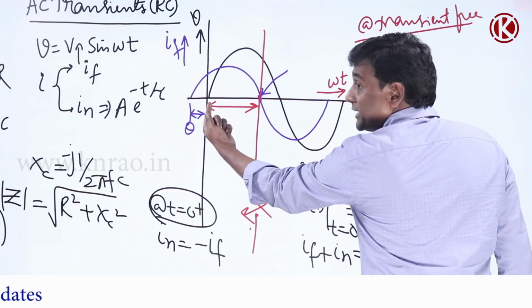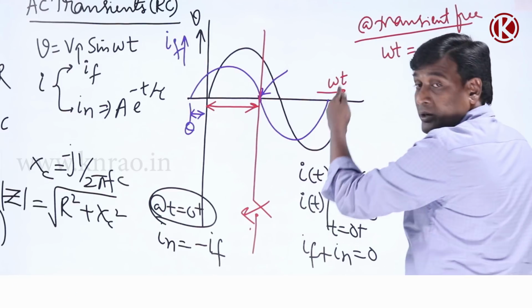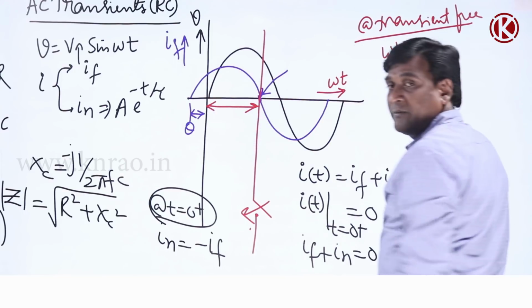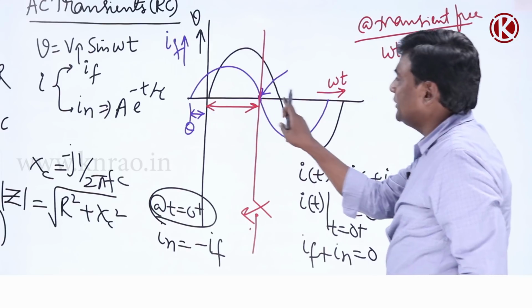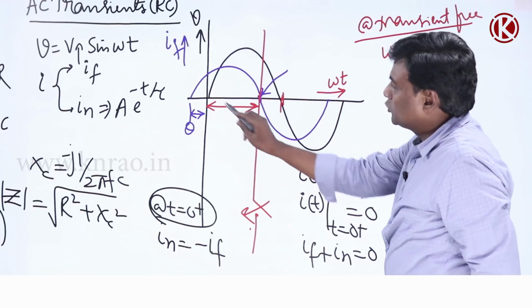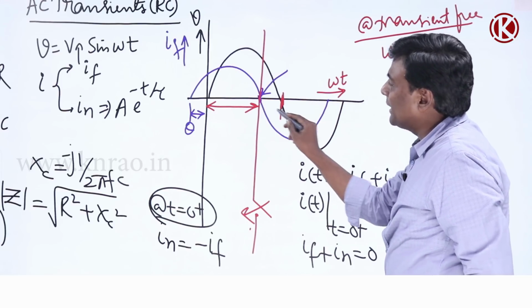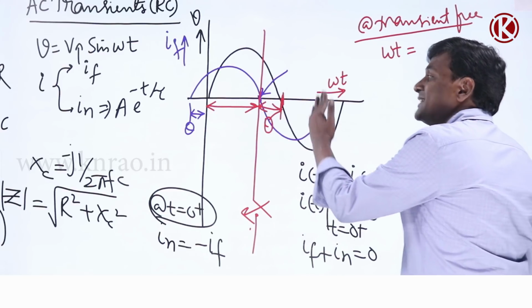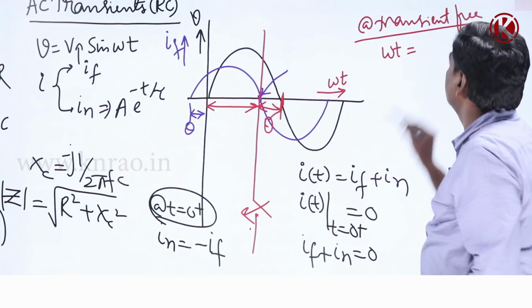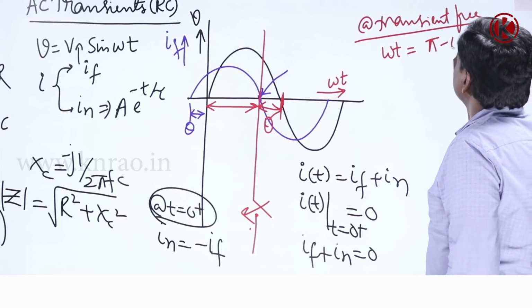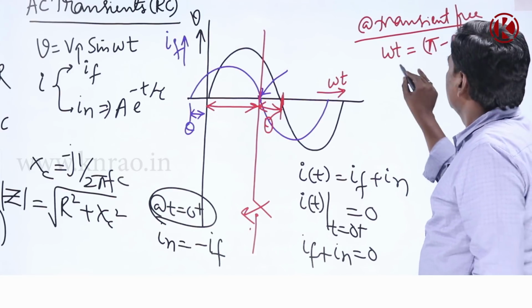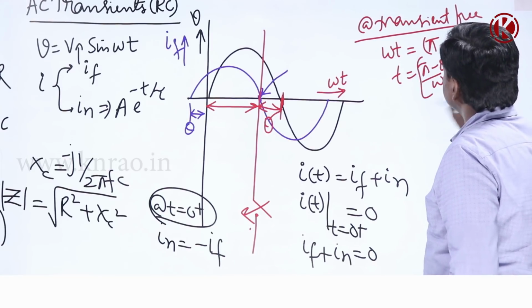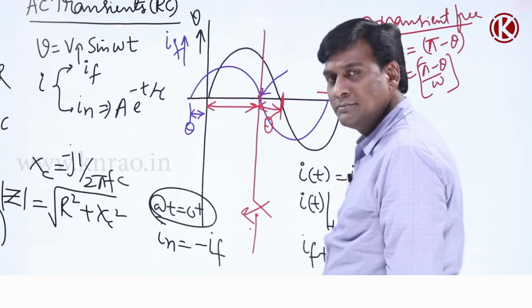At omega t equal to 0, sinusoid, V max sin omega t, that is the equation we considered. From here to here, pi. So from here to here, pi minus theta, because with respect to voltage, current is leading by theta. So omega t equals pi minus theta. Everything should be in radians. So t equals pi minus theta by omega. Is it right?